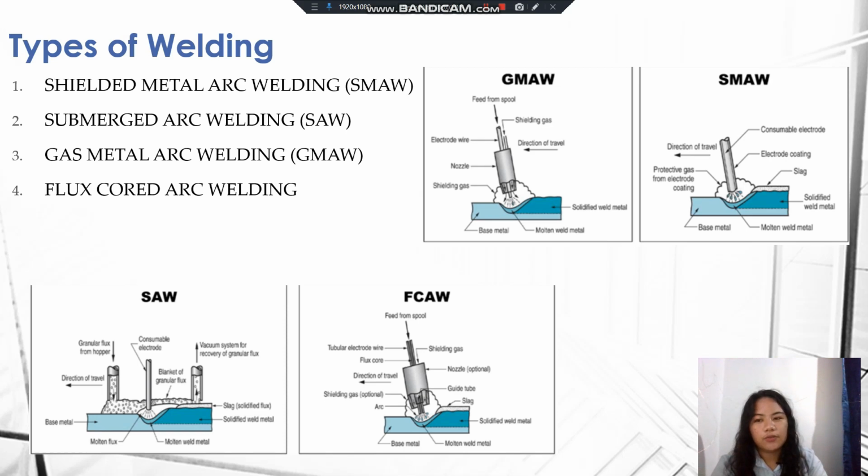Ang commonly used na type ay itong shielded metal arc welding or SMAW, o yung submerged arc welding or SAW.